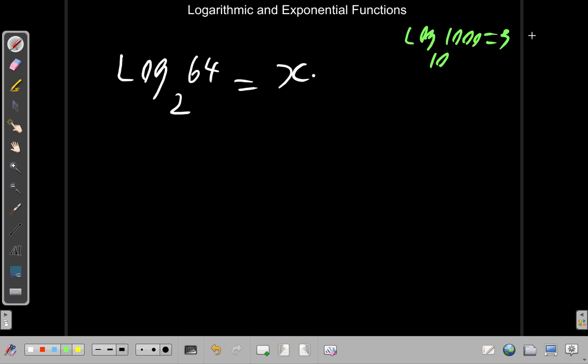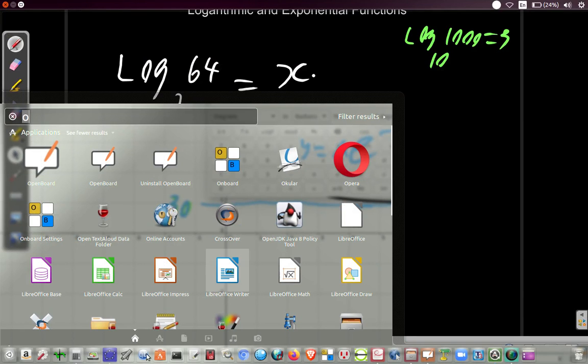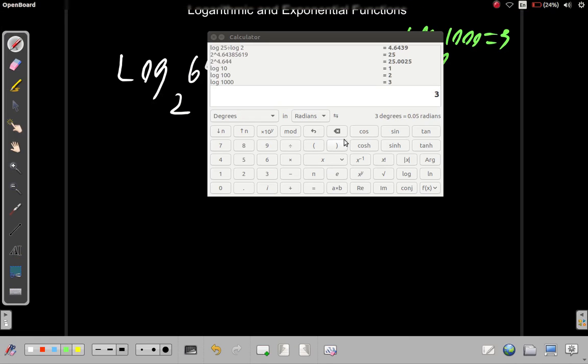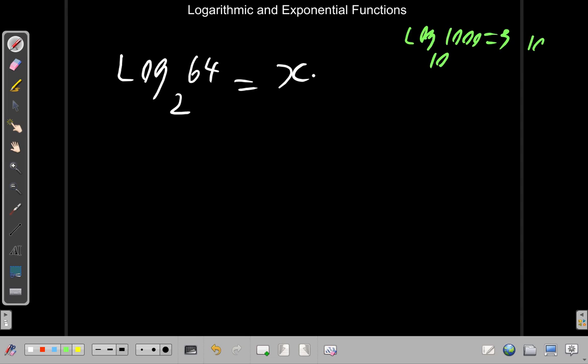Right? Calculator, remember it. The common log of 1000 is 3. You see that? Then I say in index form, 10 to the 3 is 1000.